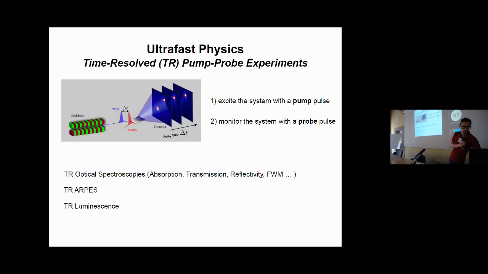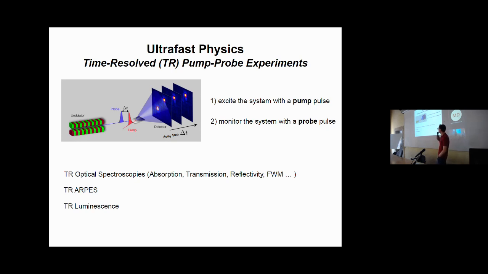Okay, so first of all, what is the problem that we want to address? We want to be able to simulate many-body systems made of electrons and nuclei out of equilibrium. The typical non-equilibrium situation studied in experiments is the so-called pump-probe setup.